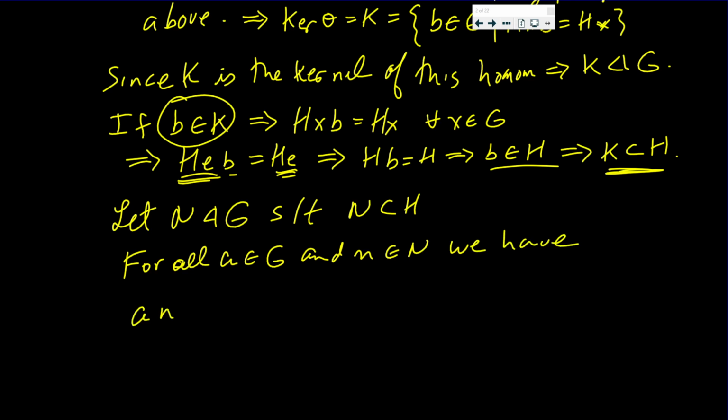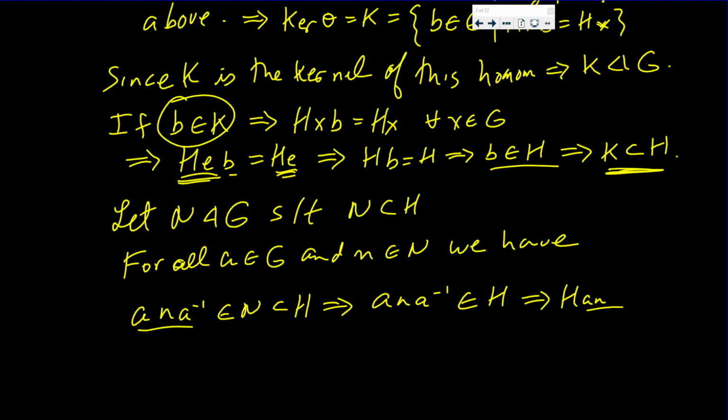A inverse n A is in N, because N is a normal subgroup. But that places this element in H. This implies that A inverse n A is an element of H. Well, that would mean that H times this element of H is equal to H.